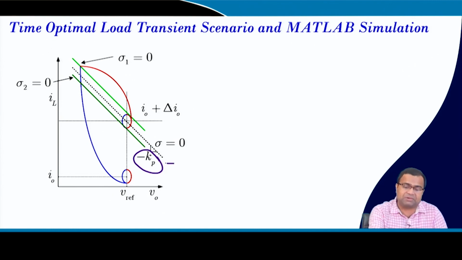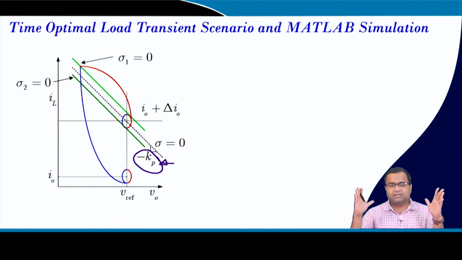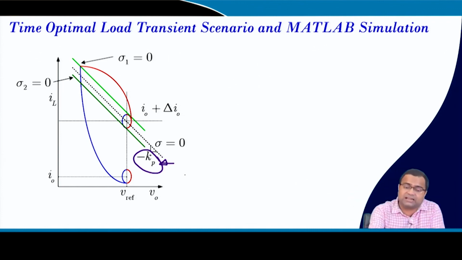So, the choice of Kp is something which we need to really take care of, otherwise this may not be a good solution in terms of optimal response, and that is one of the objectives in this course, that if you frame it into a PID controller and if you can derive this optimal gain, then first order switching surface is sufficient.